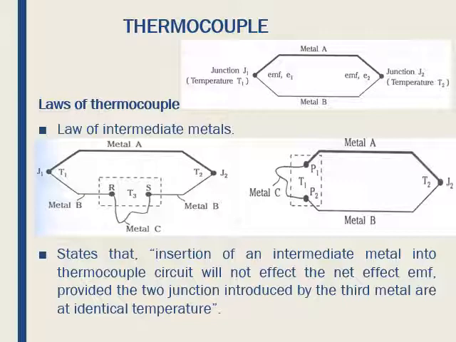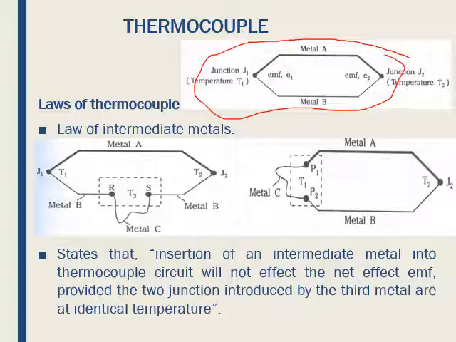Generally, the circuit of the working of this thermocouple can be shown in the first figure here, in which the two metals are joined, forming the two junctions J1 and J2, where it comprises two metals A and B. They are joined together to form the two junctions, which are maintained at temperatures T1 and T2.